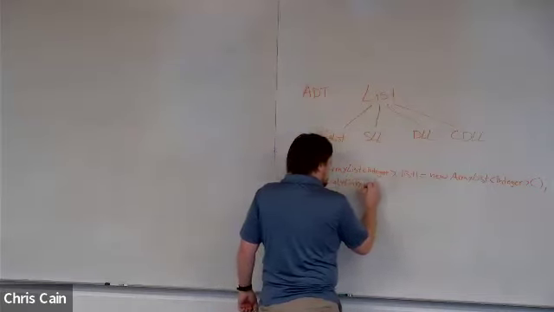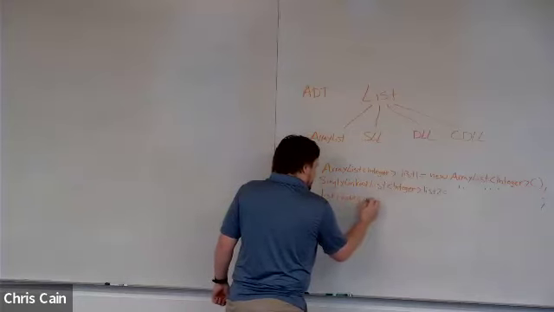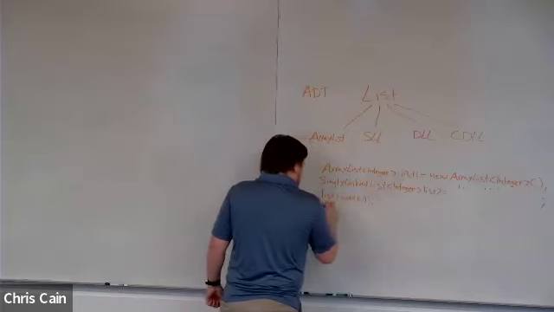The difference from the client's perspective is that they all share the same methods. You can add at the end of any list type. So you can say list1.add(4), list2.add(7).